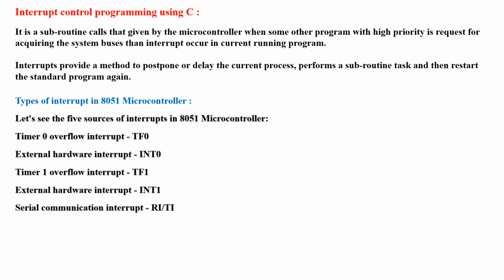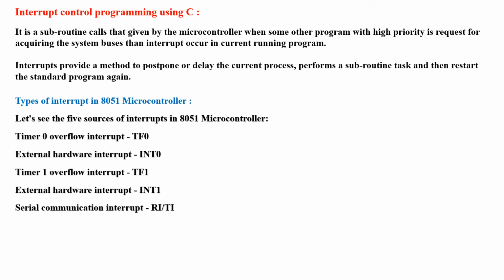In that case, the cursor moves to the interrupt service routine and executes the ISR. After execution of the interrupt service routine, it again comes back to the main program and executes the main program. In this way, the interrupt service routine executes.